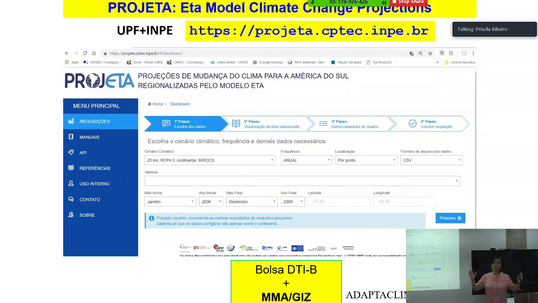So if you want a bigger data set, like covering the whole continent, then you'd better request, or we can send the data on a disk. Because of these runs we made, we have about 300 terabytes of data. So it's a lot of data to transfer on FTP or even in a server like that. This server is good for a smaller area.